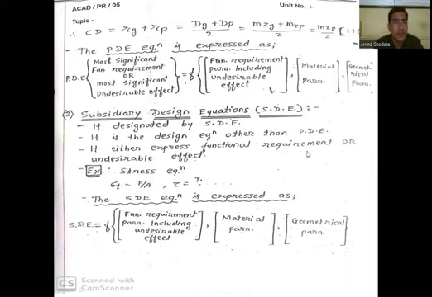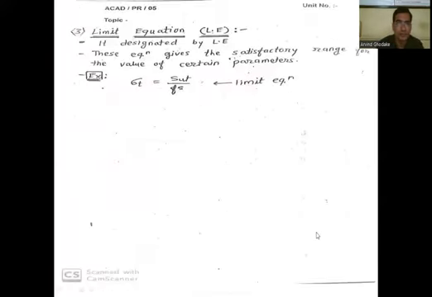The subsidiary design equation is expressed as SDE equals a function of functional requirement parameter including undesirable effect, material parameter and geometrical parameters.